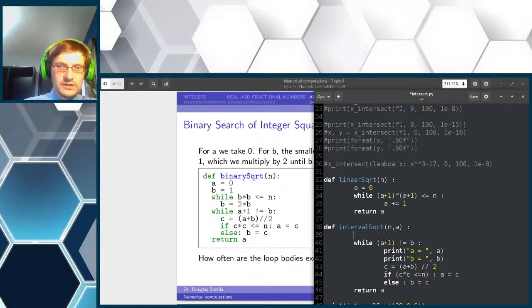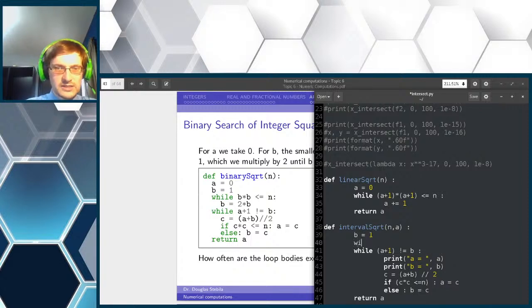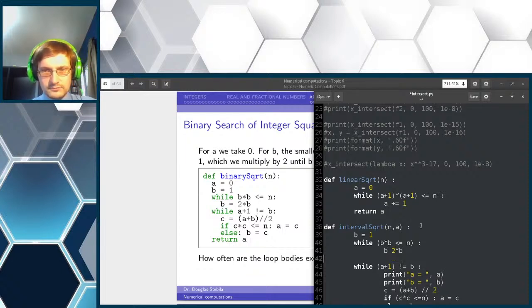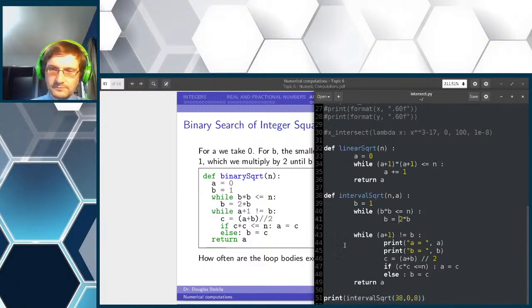If you start off with B being equal to 1, you can simply while loop over the idea of B being less than or equal to n, and each time that's the case, you multiply B by 2. This will get you to an approximate upper bound reasonably quickly.